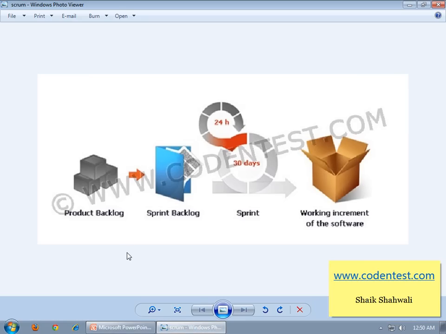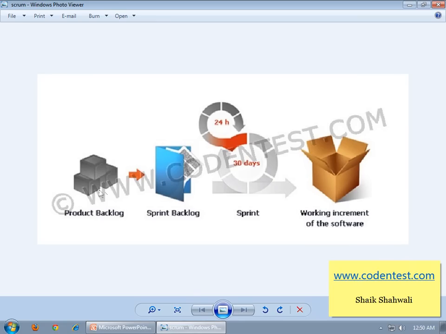Let's see the diagram. In this we have the product backlog, sprint, and a working increment of the software. Now, what is the product backlog? It's a high level list that is maintained throughout the entire project. It is what we are going to deliver, what we are going to build in the project, sorted in importance.